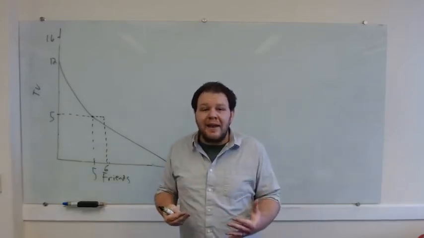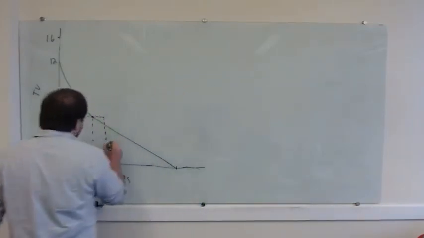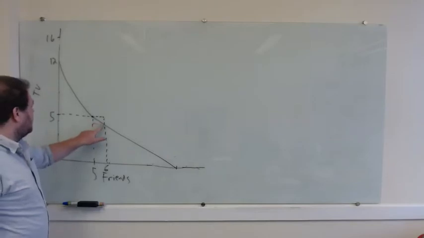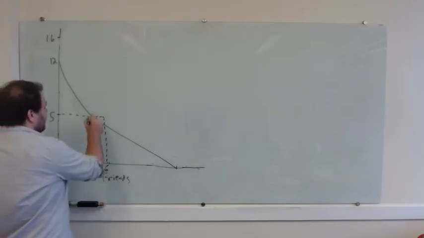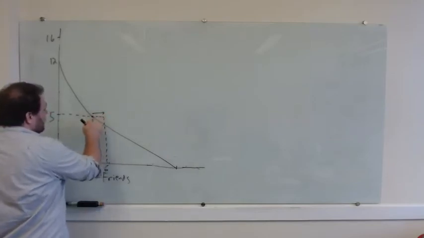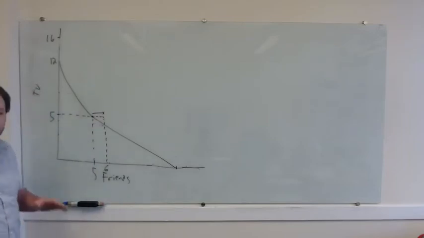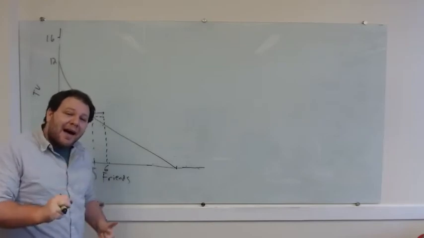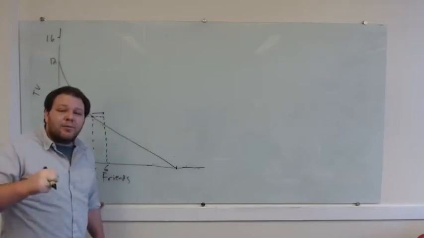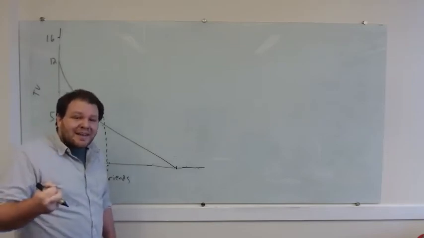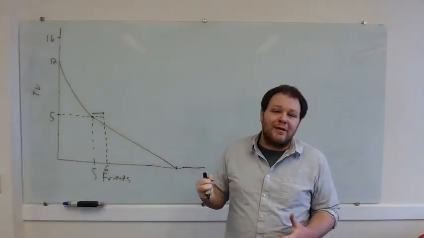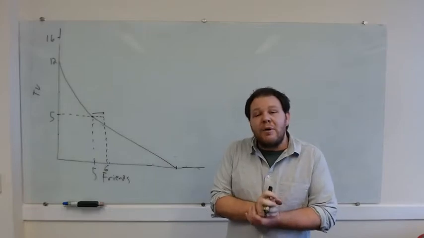So the logical way to think about how much I value this shift from 5 to 6 hours of time with my friends is to say, well, what was I willing to give up to get that 6th hour with my friends? How much TV time am I willing to lose in order to get that 6th hour with my friends? Now, how can we figure that out?